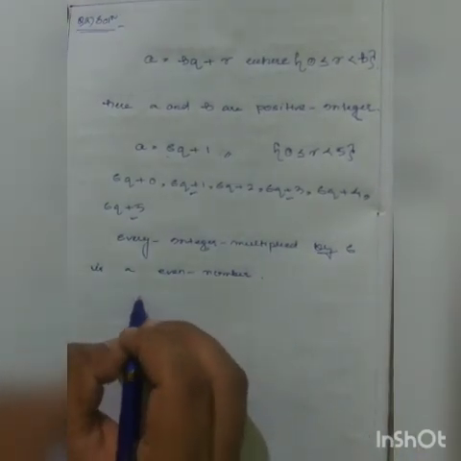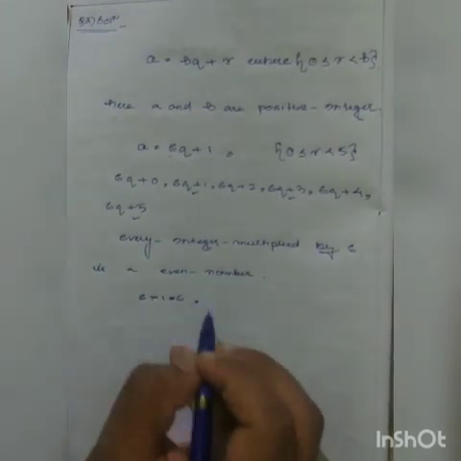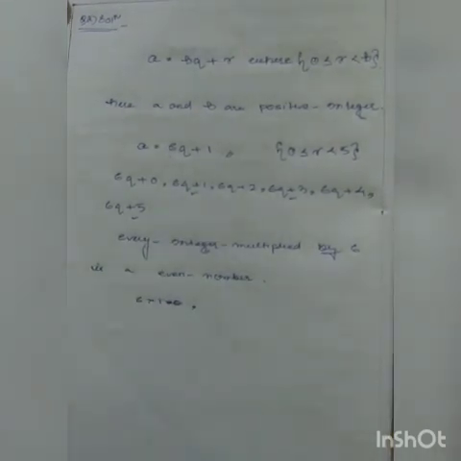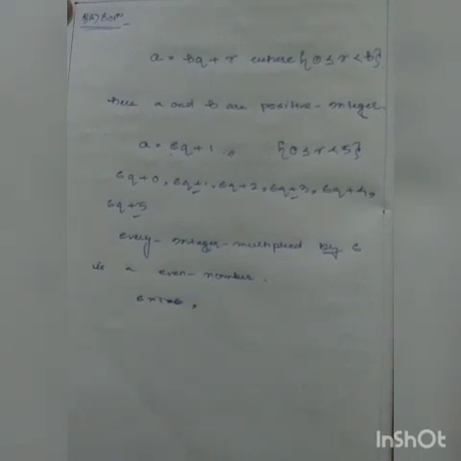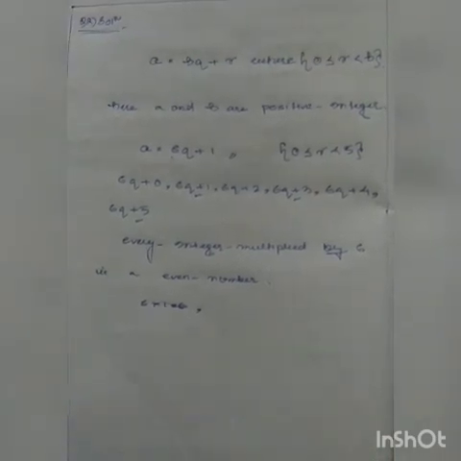Because 6 into 1 is 6. I can show you like this. 6 into 2 is 12. So 6 into 3 is 18, and 6 into 4 is 24. So as we go on and on, it is very basic that 6 multiplied by a positive integer is always an even number.